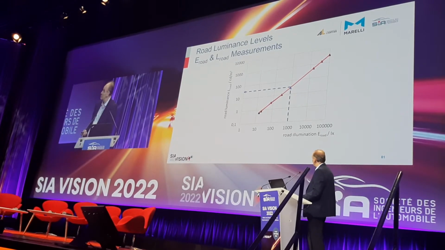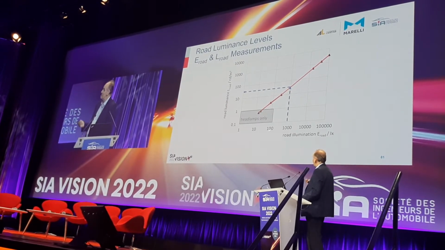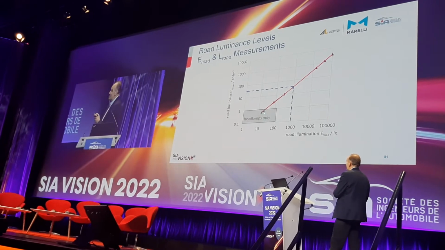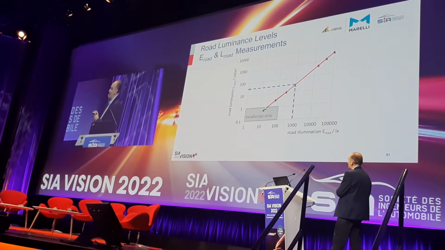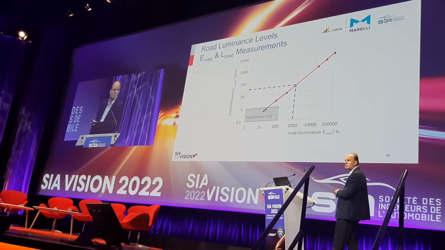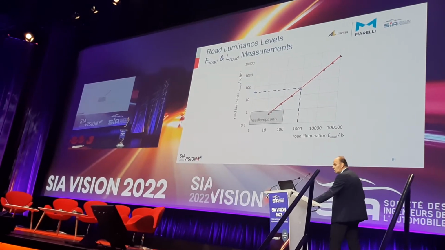And we have different regions. We have the headlamp only, which provides a luminance of 1 candela per square meter at maximum and below. So this is for the low beam only.